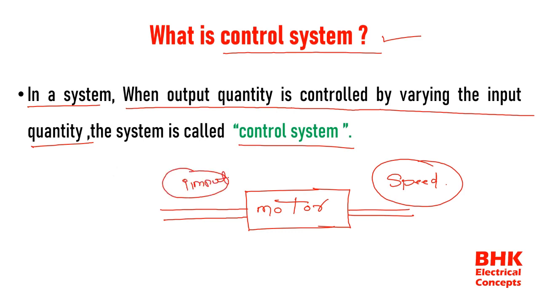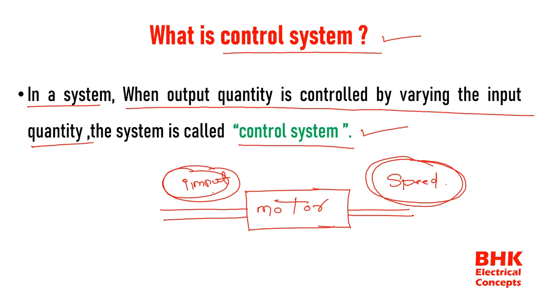Depending upon the input, the output speed will be controlled. That is why the definition of a control system is: when the output quantity is controlled by varying the input quantity. Here in this example, we are controlling the speed of the motor by varying the input.